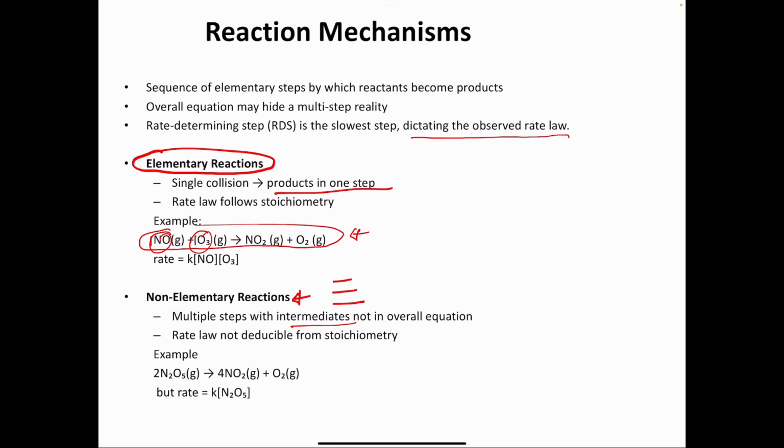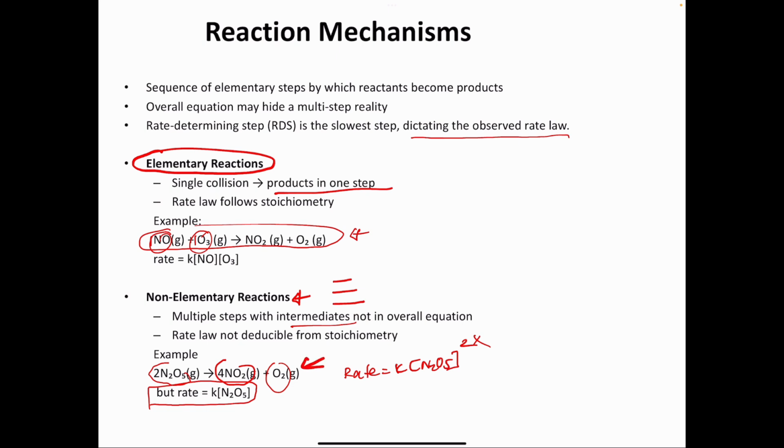An example, if two N2O5 react to give us NO2 and then oxygen, you would expect the rate to equal k into the concentration of N2O5 squared. But actually the rate equation is this: rate is equal to k into the concentration of N2O5, meaning this is wrong, and therefore this is not a single step collision.